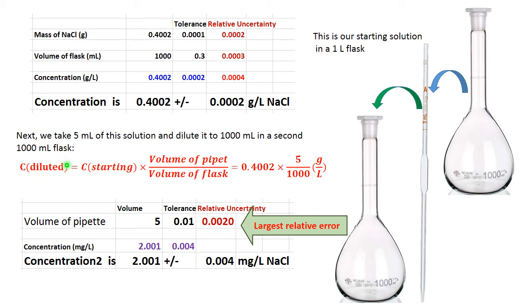So the concentration of my diluted solution will be the concentration of my starting solution, multiplied by the volume of my pipette and divided by the volume of my flask in mils. So it will be 4.4 multiplied by 5 divided by 1000. Units will be, of course, gram per liter.